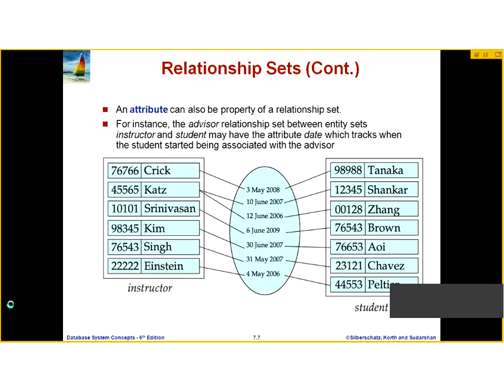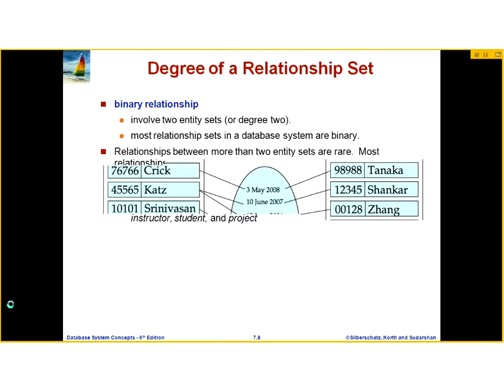For example, Crick is an instructor who is advising student Tanaka, and the relationship started on 3rd May 2008. Similarly, Katz is an instructor who is advising Shankar and Zhang, and the relationship started on 10th June and 12th June respectively. So you can add attributes to the relationship as well.